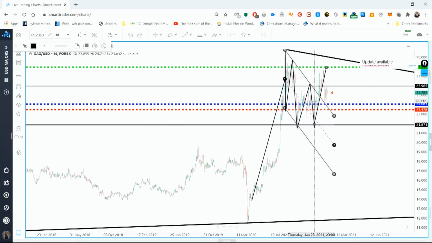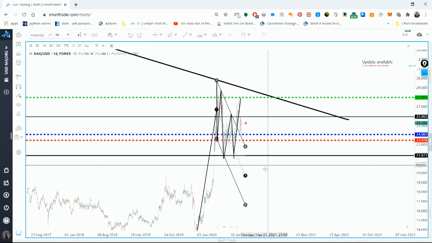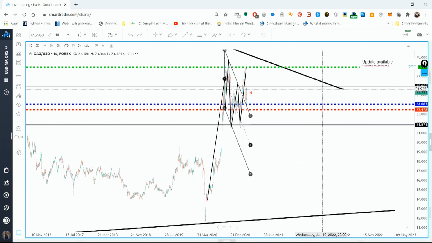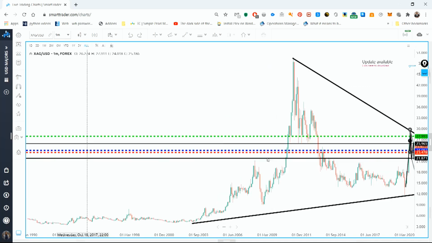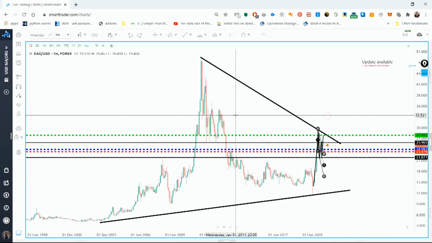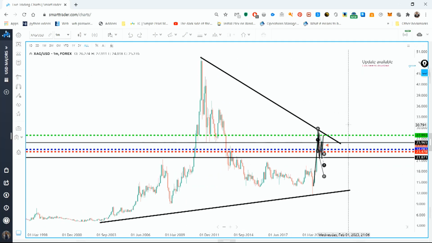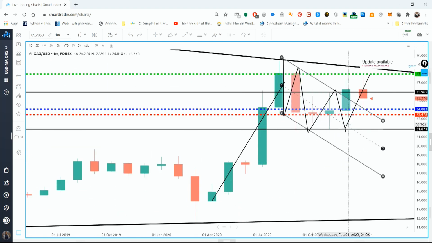If I go to the higher time frame, I do expect silver to probably come back up to 4,200, this 2021 level, so we could see price rally way higher than it currently is. But first, my first target is this area here.